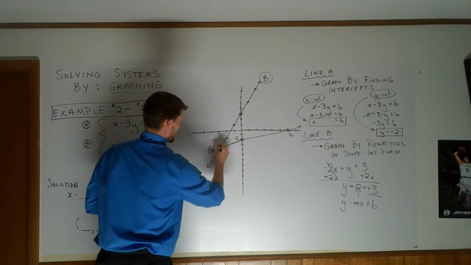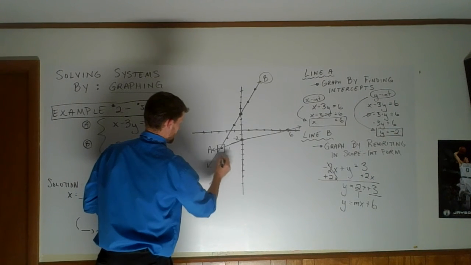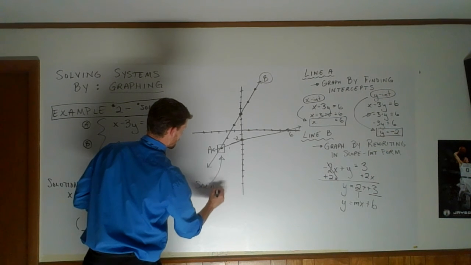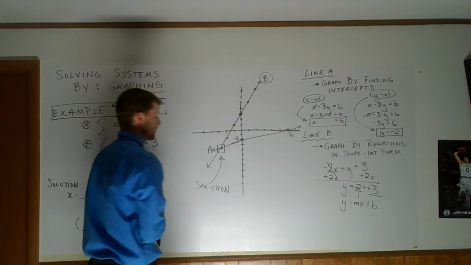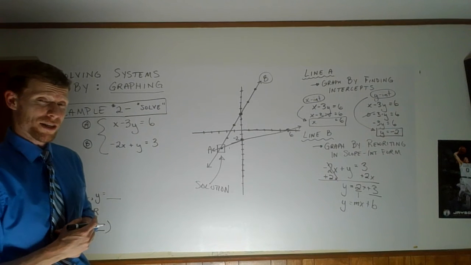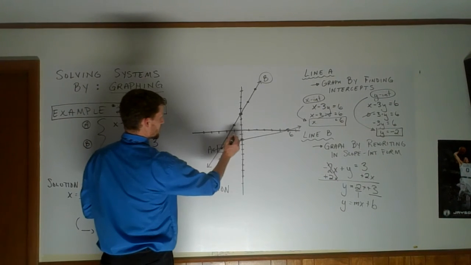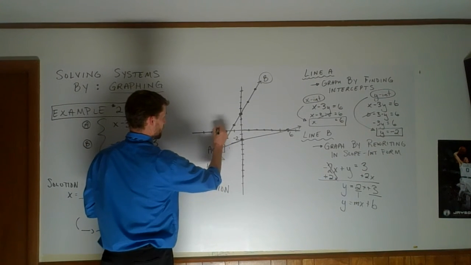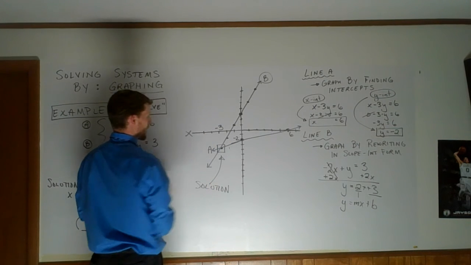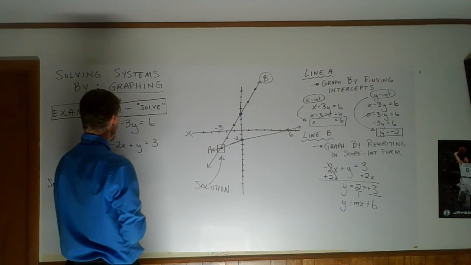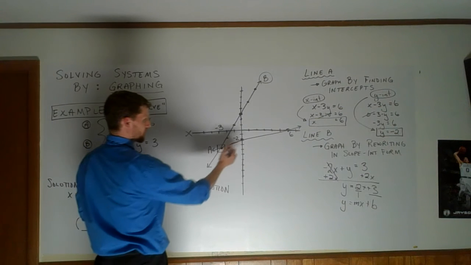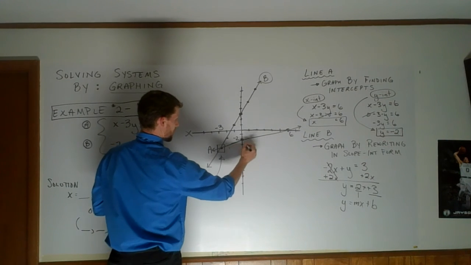This point right here is our solution. What are the coordinates at this point? I believe it's negative 1, negative 2, negative 3 on the x-axis, and also negative 3 on the y-axis.